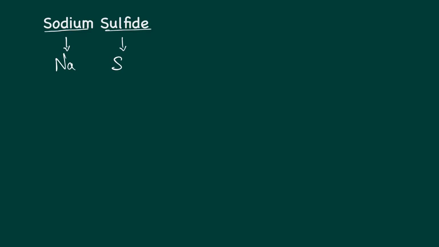Your next job is to find these in the periodic table, and you will notice that sodium is 1 positive and sulfur is 2 negatives. Your last goal is to balance these out. When you add them, they must equal 0. So you add another atom of sodium, and that should give you the formula Na2S. And this is the formula of sodium sulfide.